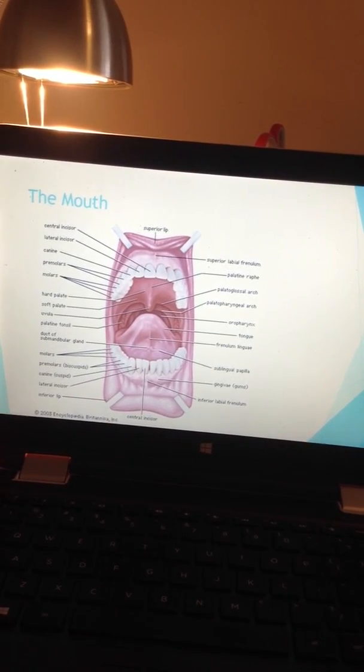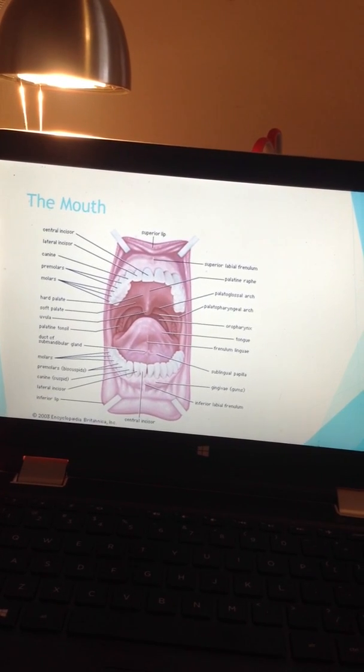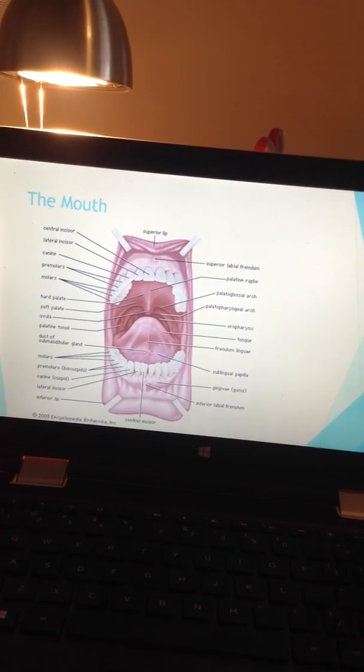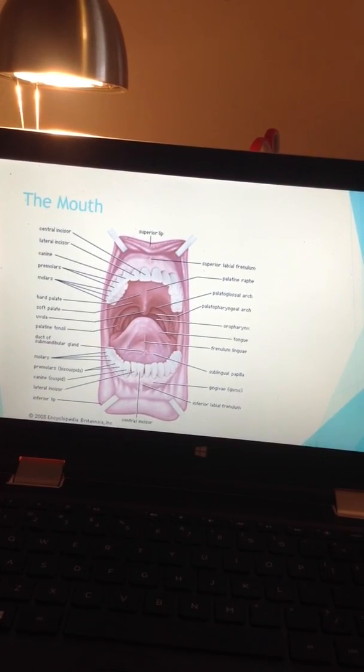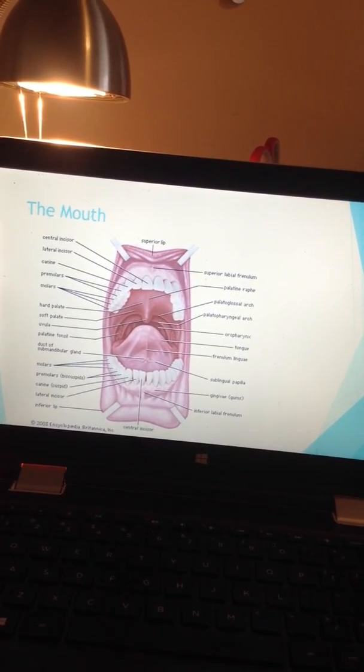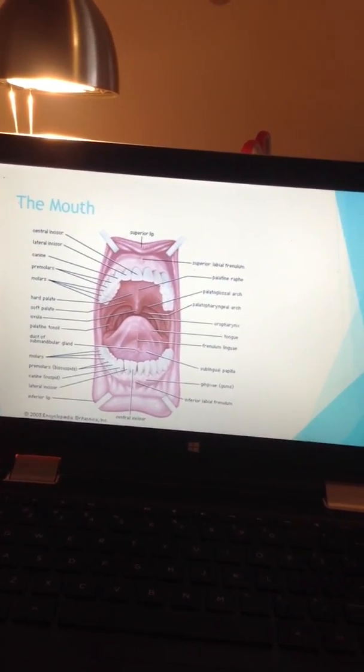Saliva also contains an enzyme, alpha amylase, that starts the breakdown of carbohydrates. It cleanses the teeth and mouth and contains IgA antibodies, which are essential for mucosal immunity.